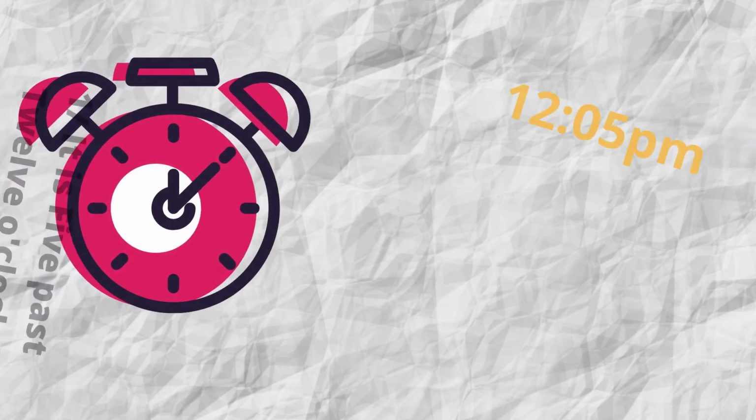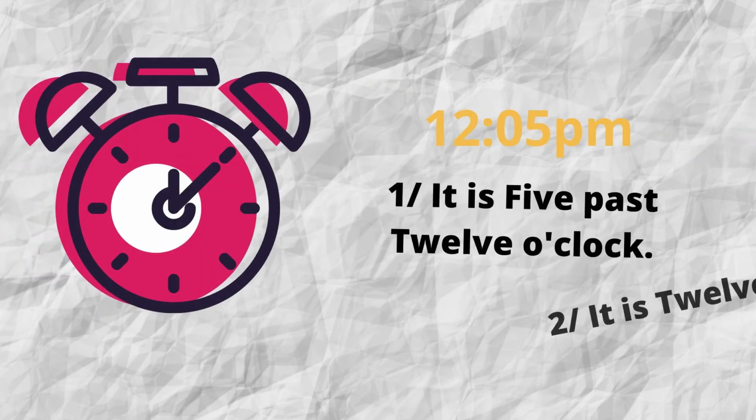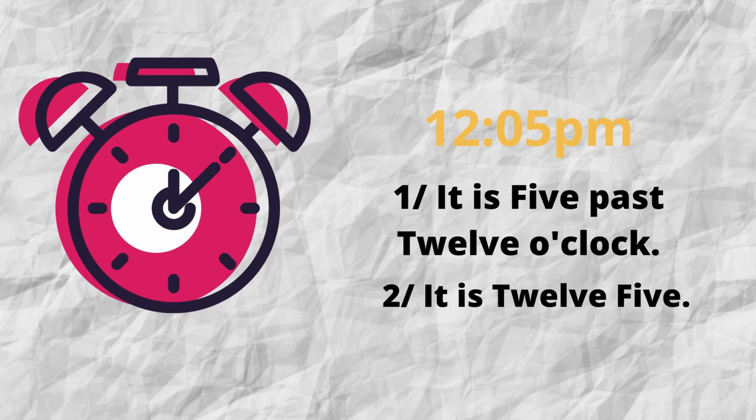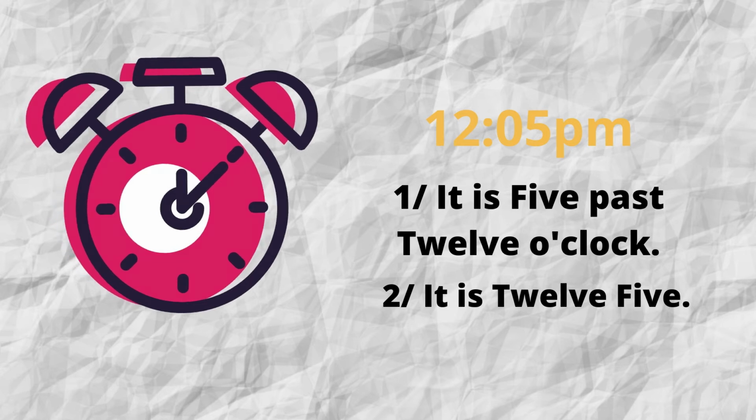With this clock, we can form two types of sentences. Number 1 is formal. Number 2 is informal. Number 1. It is 5 past 12 o'clock. Number 2. It is 12:05.